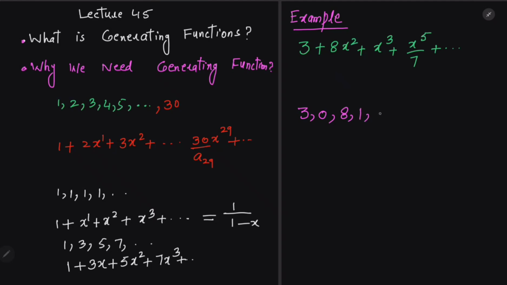Then x^4 is missing, so we have 0, then 1 by 7, and so on and so forth. This is the sequence which was encoded in this generating series.